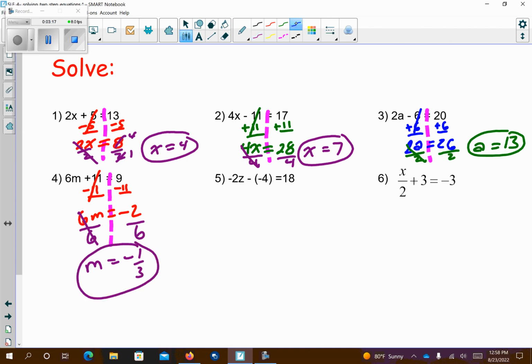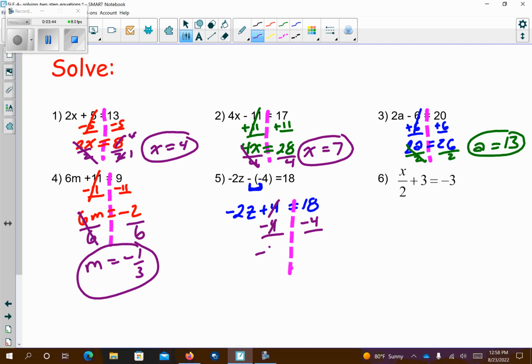Number 5, before I do the dotted line down the middle, I want to realize I have the negative, so I'm going to make those positive. So I get 2z plus 4, because minus -4 is the same thing as plus 4. And now I'm going to go ahead and do my pink line as my equal sign. So I want to get z by itself, so the first thing I want to do is subtract 4, because that's the opposite of adding 4.